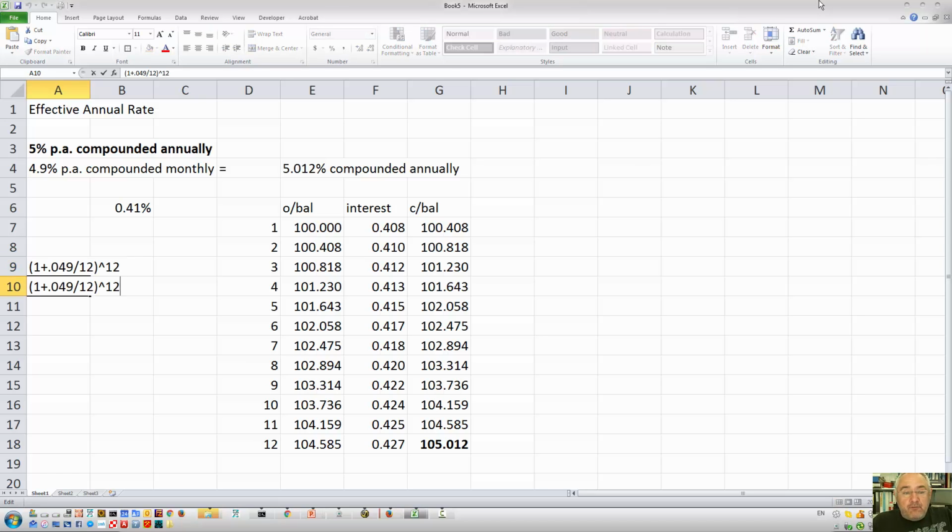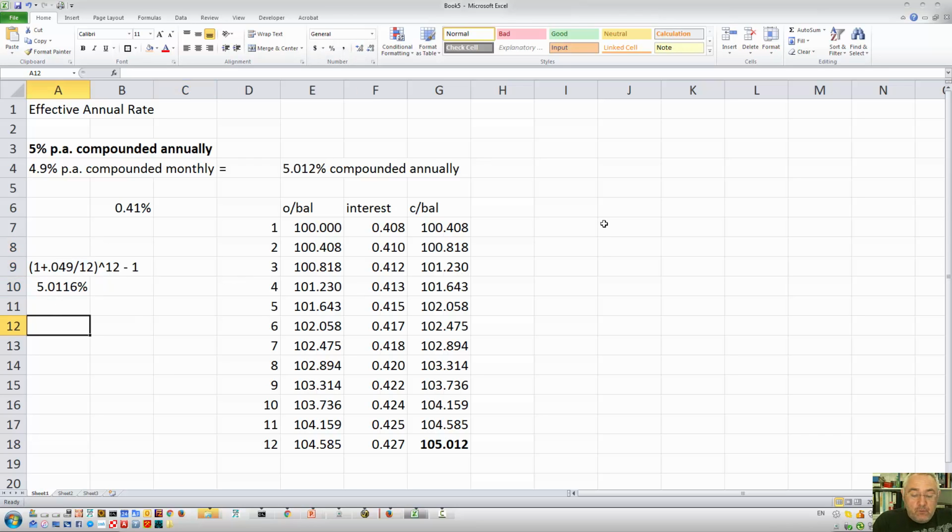Let's put an equal sign in front of it to see what it gives us. 1.05012, that's exactly what we had here. So take off a 1, just turn it into a percentage, with an appropriate number of decimal points, and that formula will let you compare.